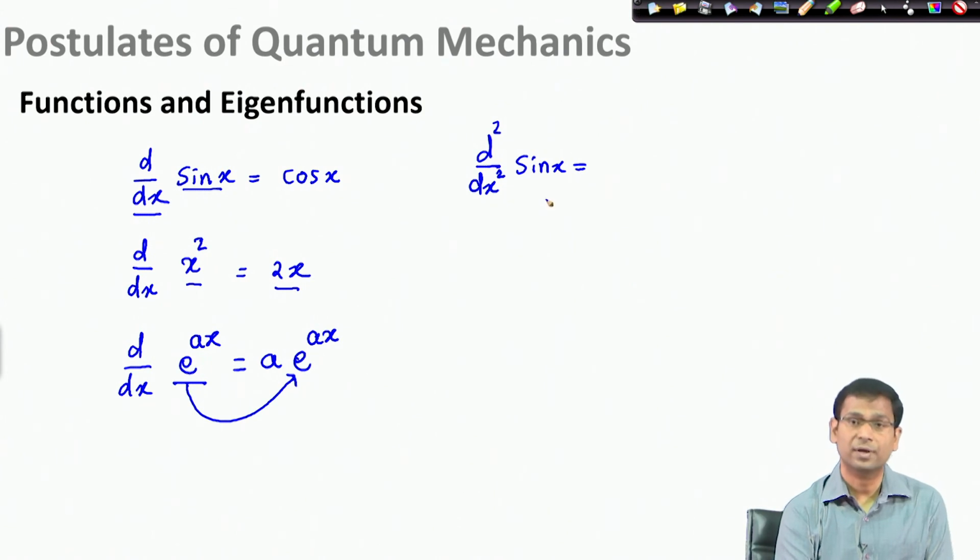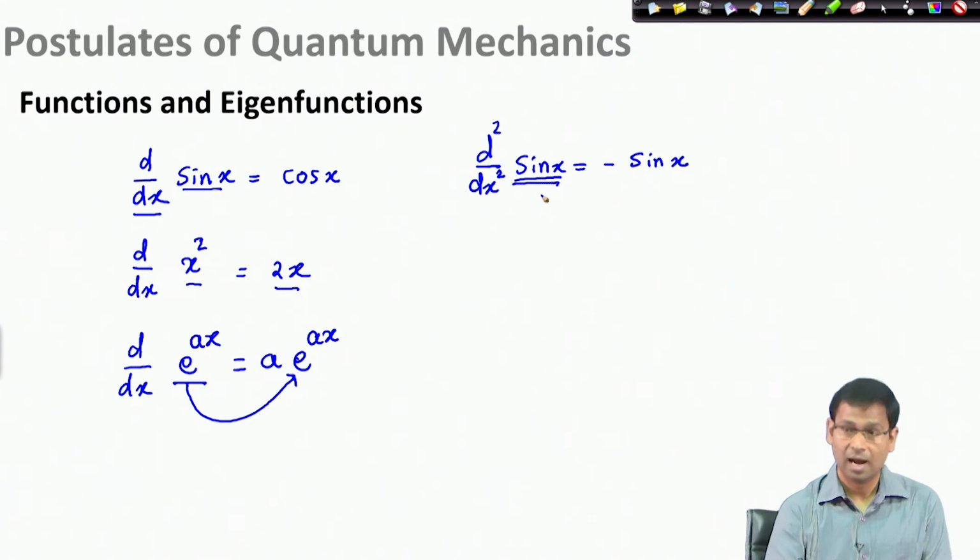First time when I differentiate I will get cosine x, and then I will have to differentiate cosine x again, which will give me minus sin x. Here you see that the function I started with, sin x, after the operation of d square by dx square gives me minus sin x. The function actually comes back with a minus sign.